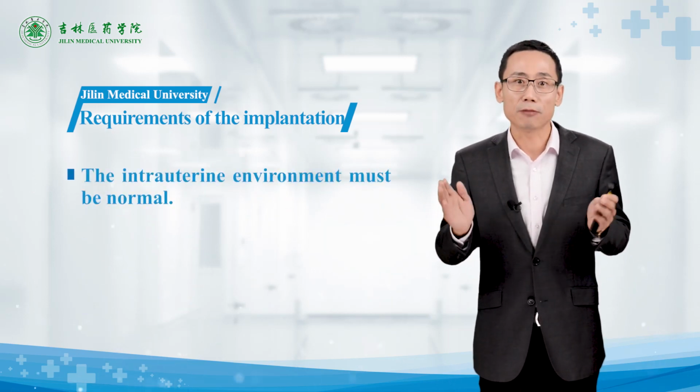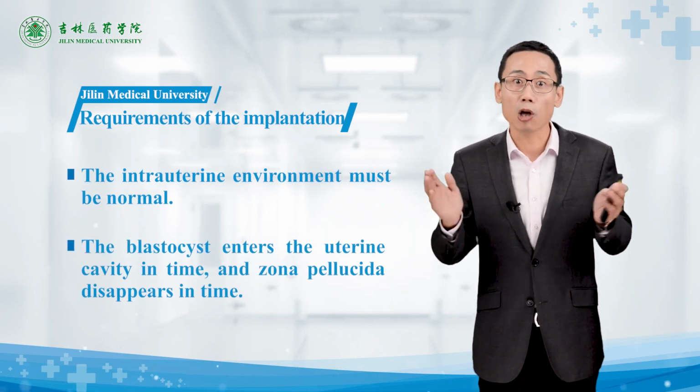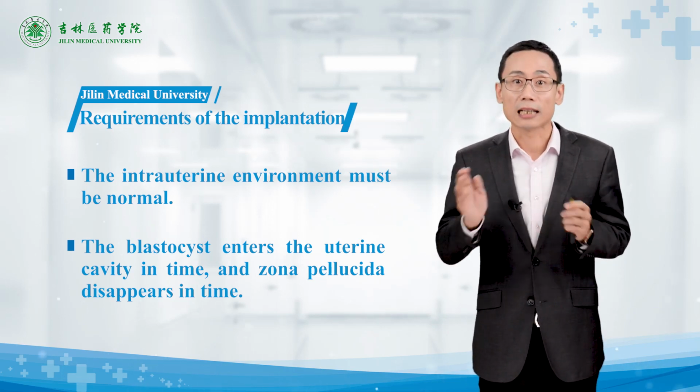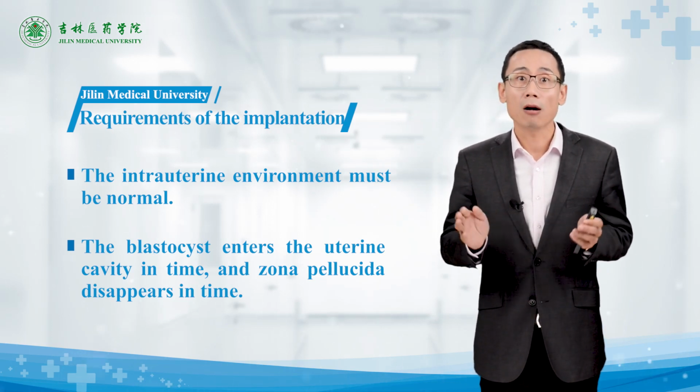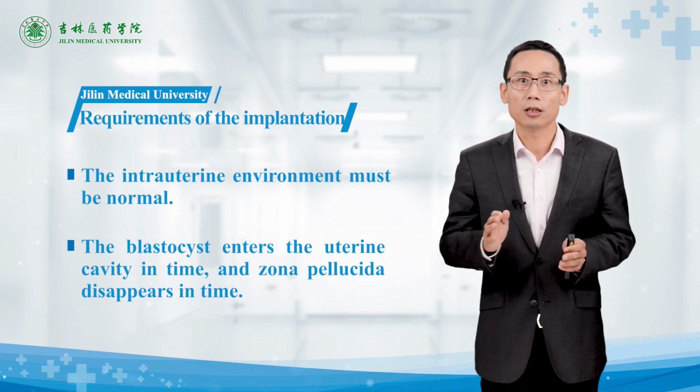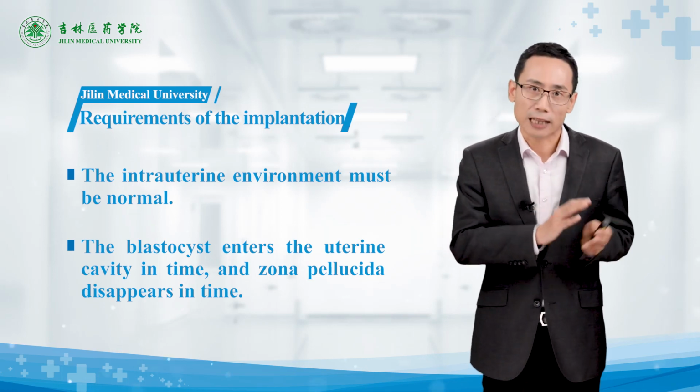The implantation of the blastocyst also needs a normal uterine cavity environment. If the uterus has inflammation or a contraceptive ring, it can hinder the implantation of the blastocyst.